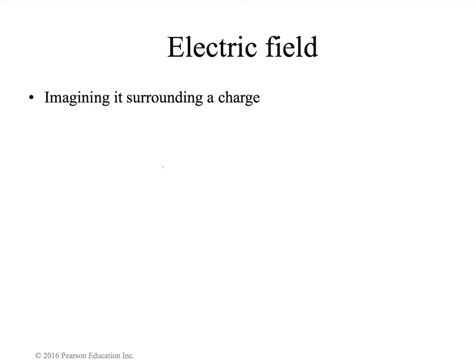So, let's say I have some large positive charge right here. Now, if I allow a small charge to come near it, which I'm going to call Q naught, and we are going to say it's positive, then because both of these charges are positive, this small charge is going to feel a force like this.